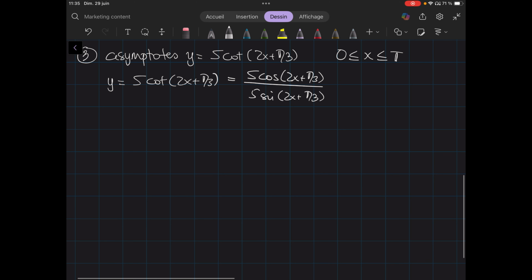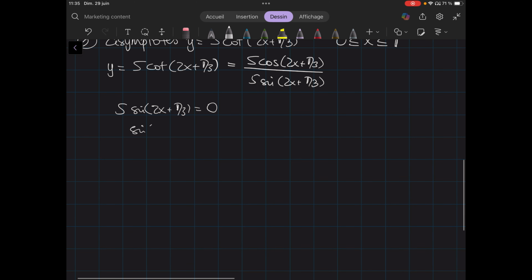And we know that the function is going to have vertical asymptotes where the denominator is equal to 0. That basically means we have to solve this equation.